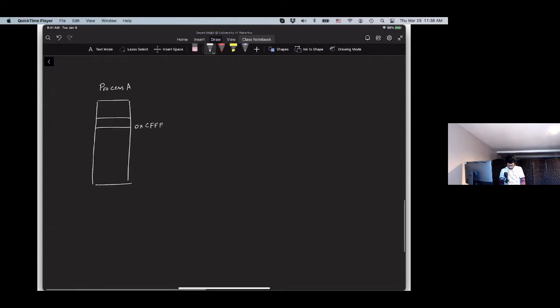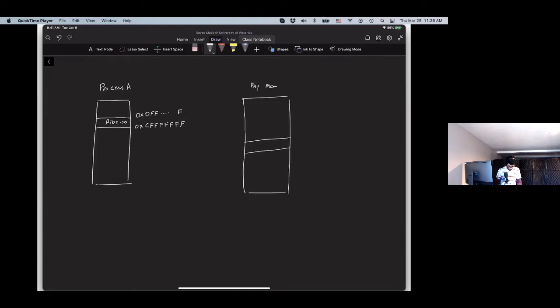So libc.so, for process A, is mapped into this address. In physical memory, libc.so is mapped somewhere, from address X to address Y.